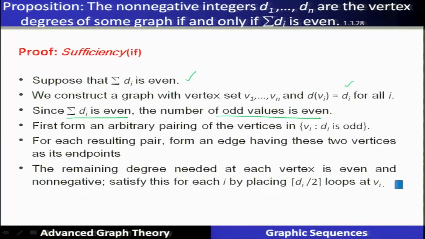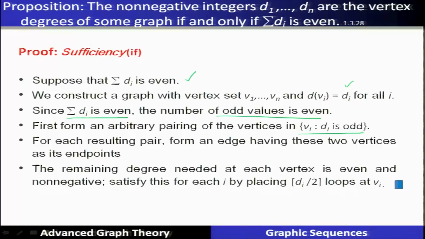So, first we form an arbitrary pairing of the vertices in the set of odd degree vertices, and for each resulting pairing we form an edge having these two vertices as its endpoints. The remaining degree needed at each vertex is even and non-negative.